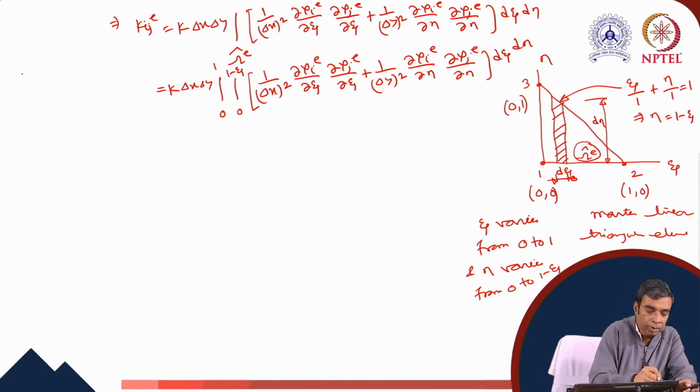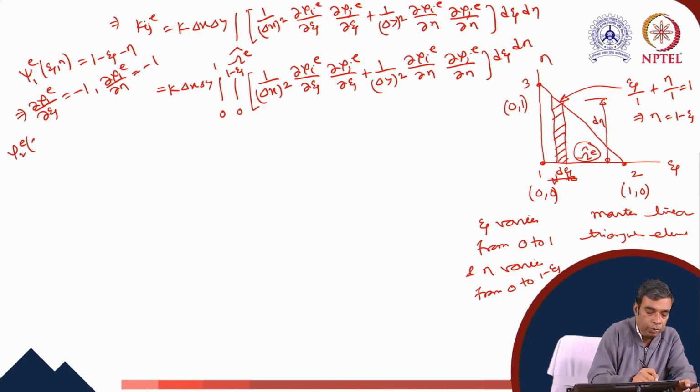Now we have the shape functions in the natural coordinates. Psi 1e of xi eta equals 1 minus xi minus eta. This gives del psi 1e del xi equals minus 1, del psi 1e del eta equals minus 1.